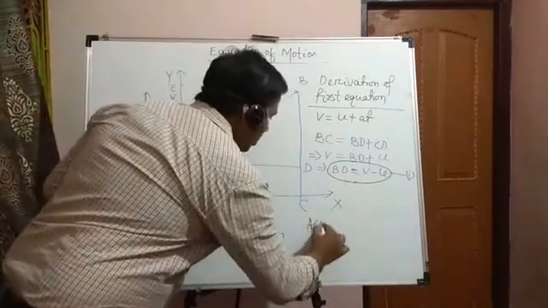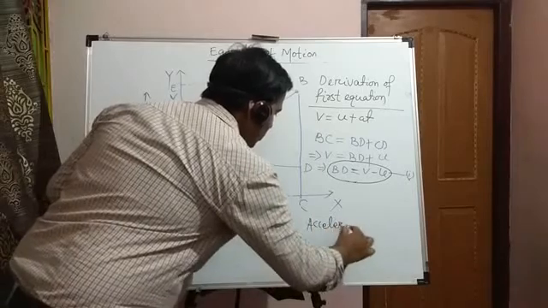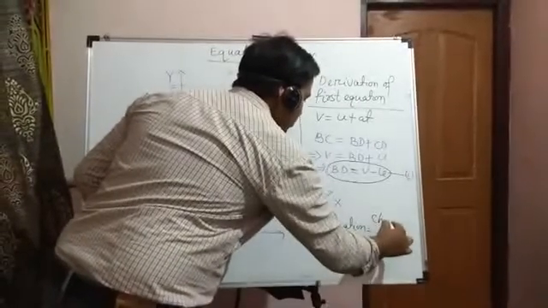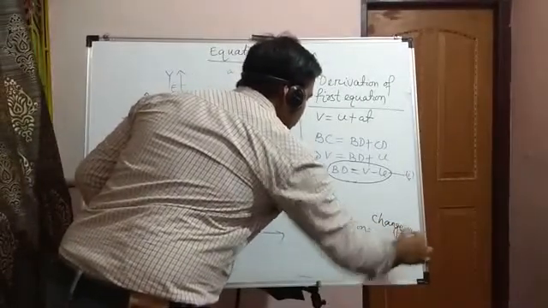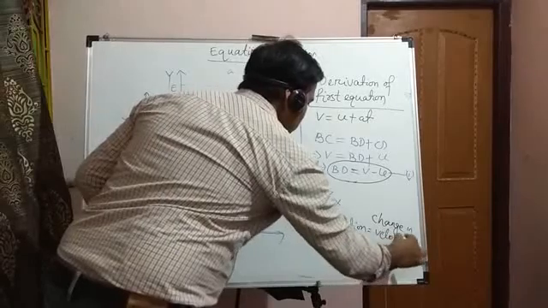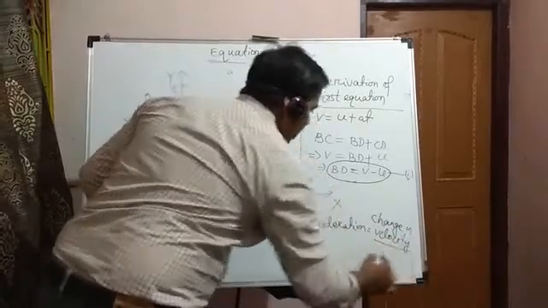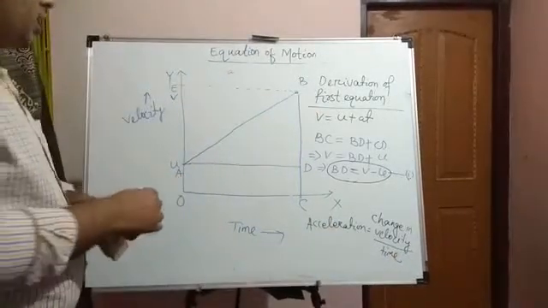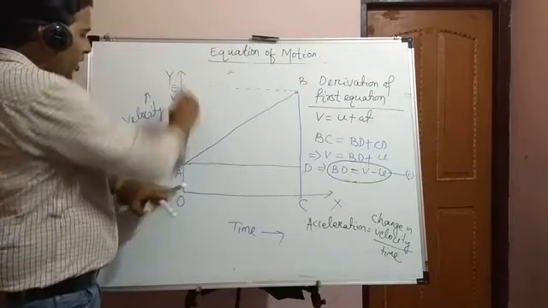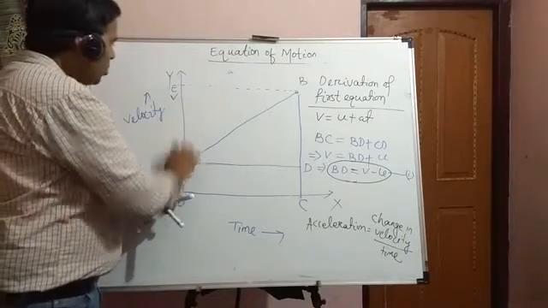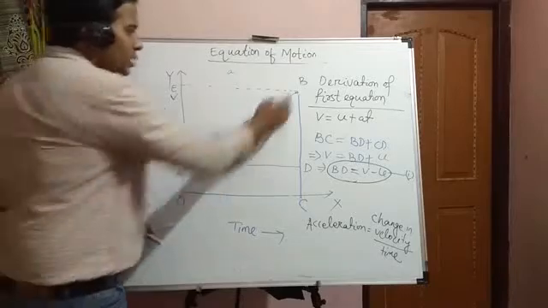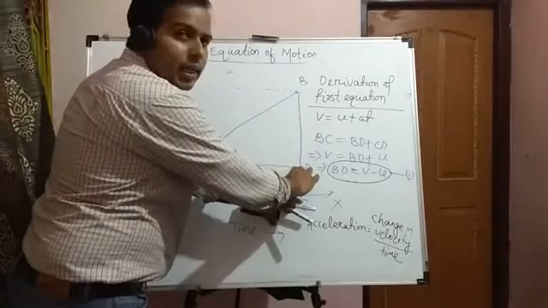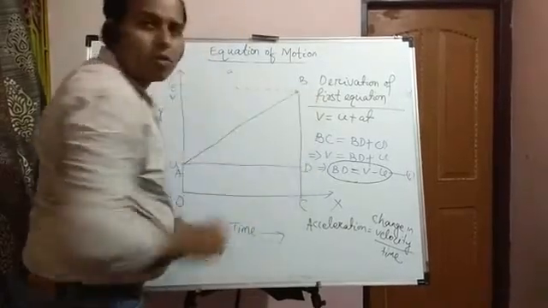We know that acceleration is equal to change in velocity divided by time. Here this is V and this is U. So change in velocity is V minus U. That is BD. BC is V. CD is U. So BD is equal to V minus U.